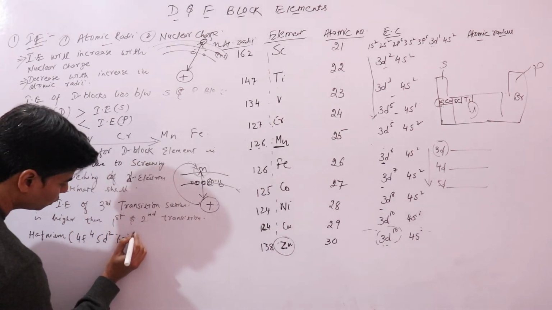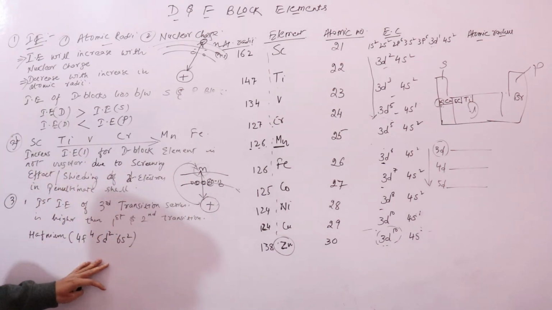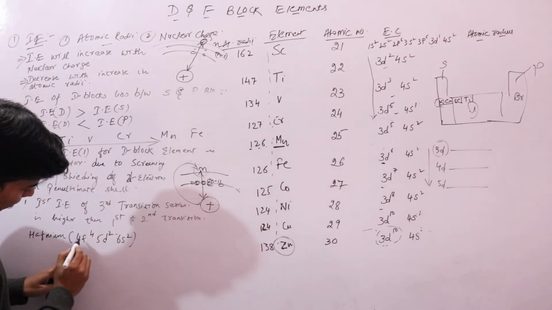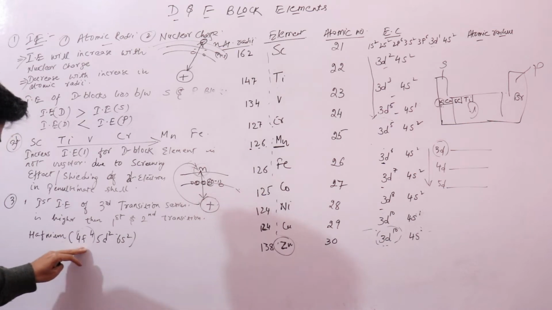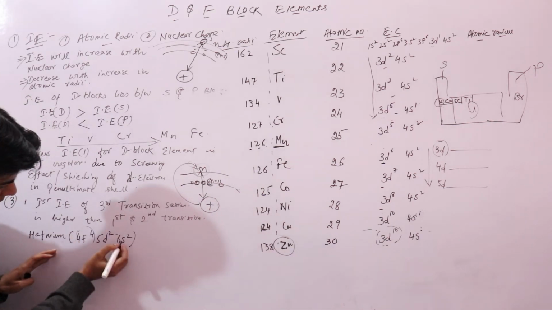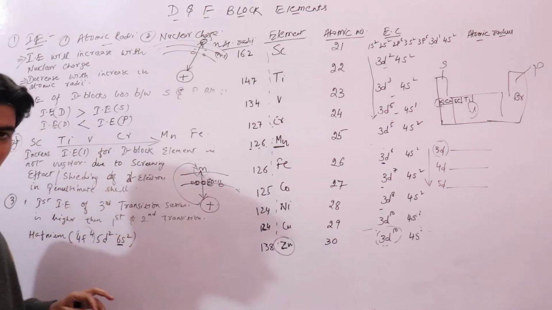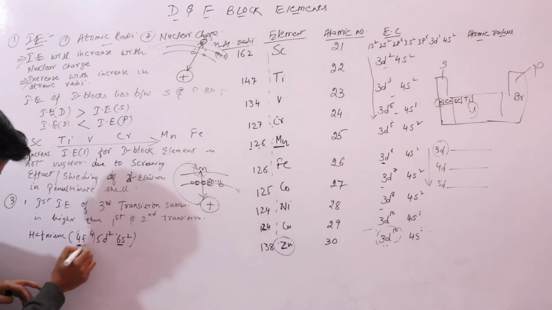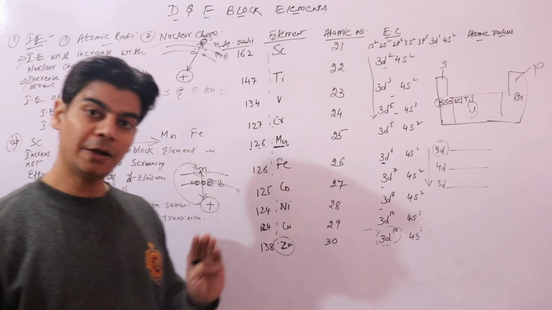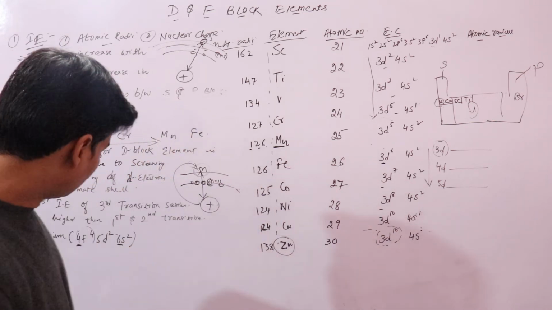This is the electronic configuration. So here you are filling your f orbitals, right? If you look at this, the sixth shell is the outermost shell, and the fourth shell is where you are filling up f orbitals, right?